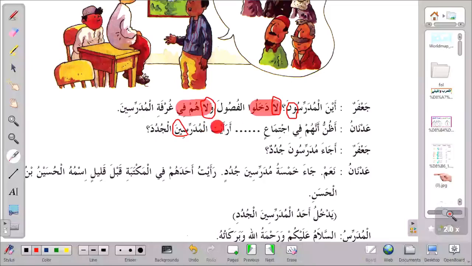If the ila comes, that's a harf al-jarr, so the thing coming is going to be majrur. So ila al-mudarrisina, the same way. So when it is mansub or majrur, the waw will turn to ya. I hope that is clear. So that is the simple I'rab of it. Ja'far says: Ja'a mudarrisuna jududun.